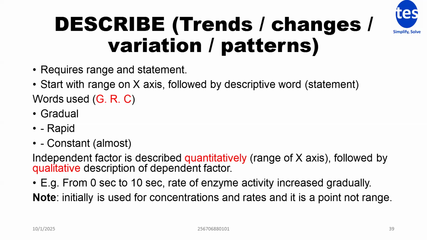The question is, do I use past tense or present tense? Sometimes using present tense is okay, but don't use the future tense. Use the present tense or past tense. Sometimes words like from 0 seconds to 10 seconds there is a drastic increase cannot make a lot of sense.